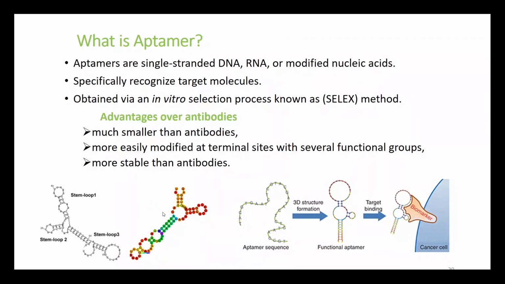At this point, I would like to talk a little about aptamers. Aptamers are synthetic single-stranded DNA, RNA, or nucleic acid molecules. They have high specificity for their target molecule, like antigen-antibody binding. The aptamer, the single-stranded DNA, gets its 3D formation and binds its target molecule.